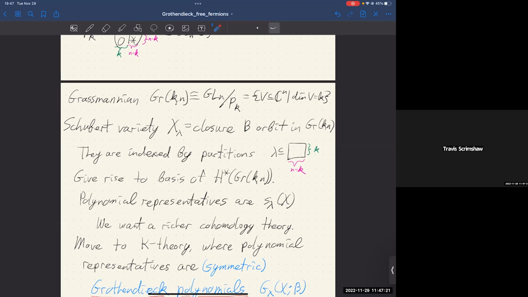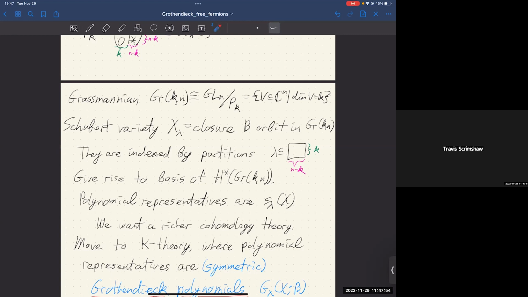But we can now talk about how the upper triangular matrices act on these cosets. And that gives us a nice action. So we can break that up into orbits, and there's finitely many orbits. And these are the open Schubert cells, and we just take their closures. And these are the Schubert varieties.